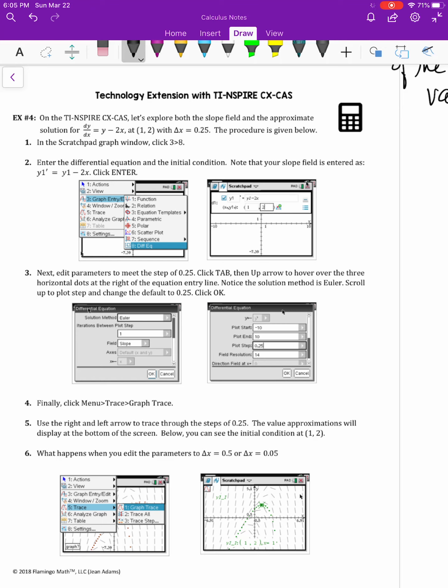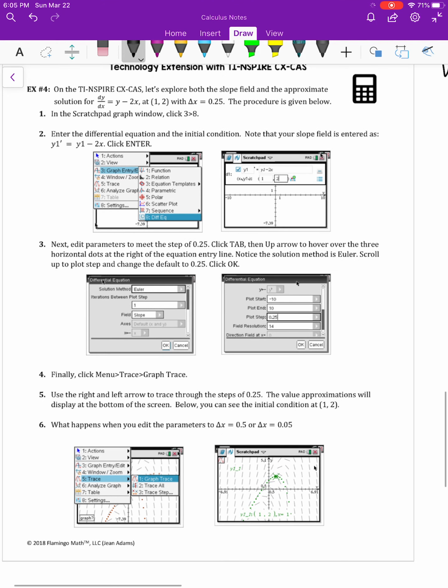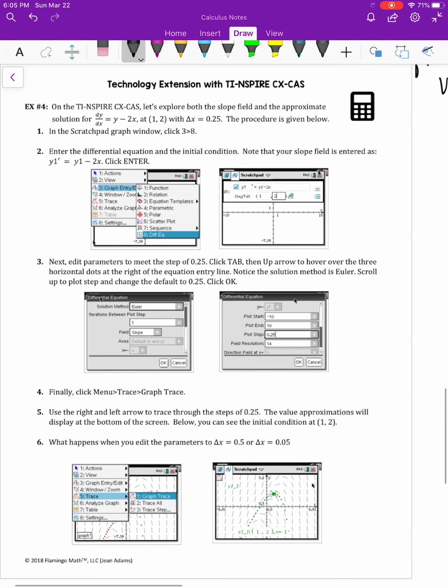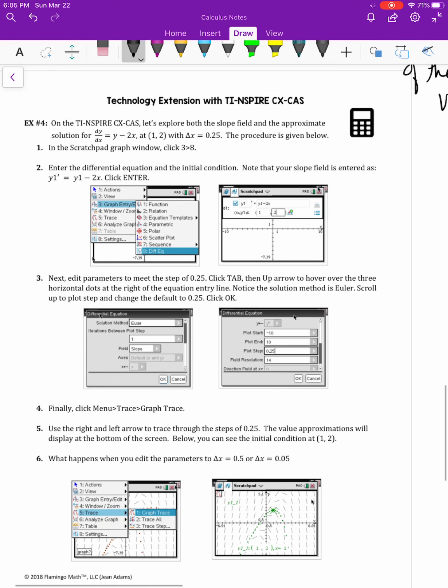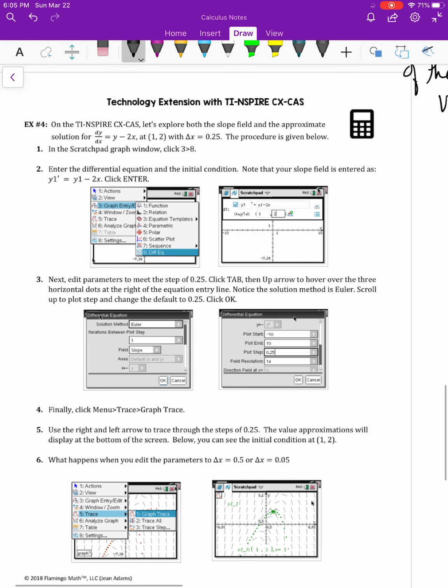It's a pretty cool little application. I don't think your TI-84 does this. If somebody wants to investigate that, if you can figure out how to see that on the 84 and email me, that would be lovely. If not, I'm going to try and see if I can show you this online and somehow make a video. Right now, not sure how to do that.